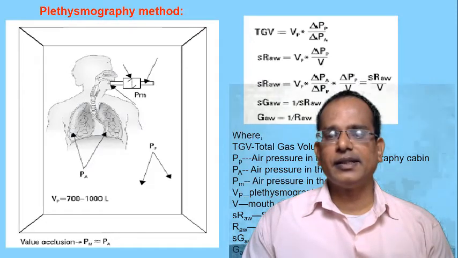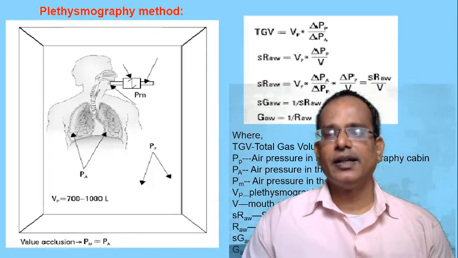Vp is the plethysmography cabin volume, and V is the mouth airflow. sRaw is the specific airway resistance. Raw is the airway resistance, and that is what we have to calculate. sGaw is the specific airway conductance, and Gaw is the airway conductance.